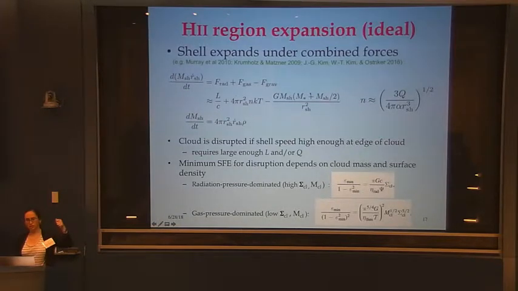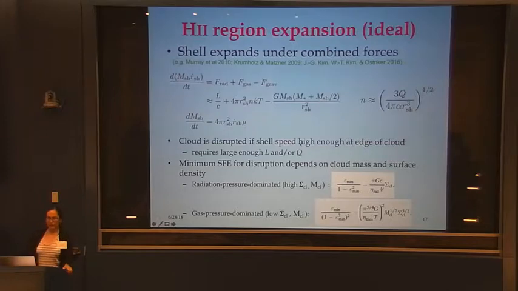Another would be that you've achieved a velocity that exceeds the escape speed. So you could use different criteria for when you have reached disruption. If you're in the regime down here, you can ask, what total luminosity, translated into ionizing photons, do I need in order to disrupt a cloud? That's a pretty well-defined question.